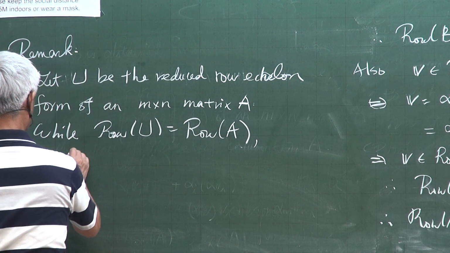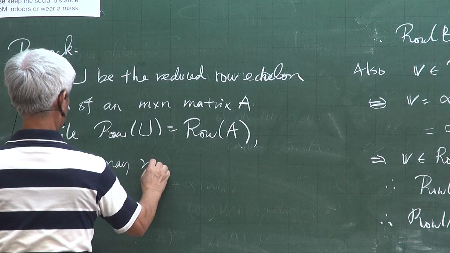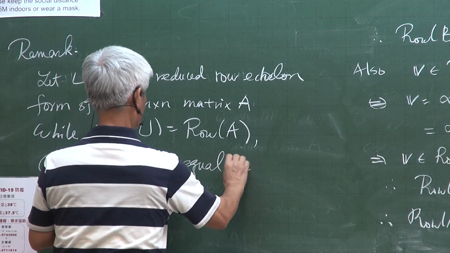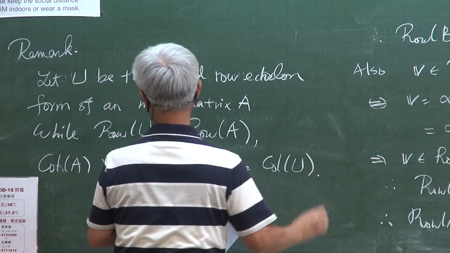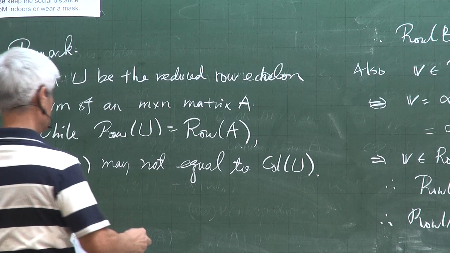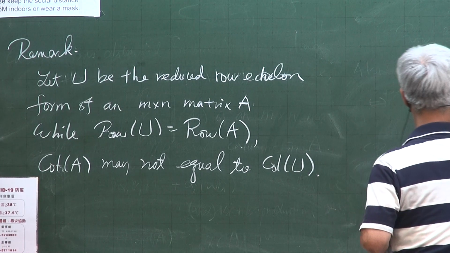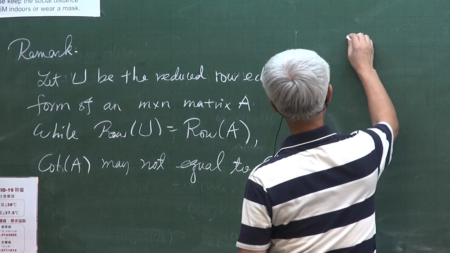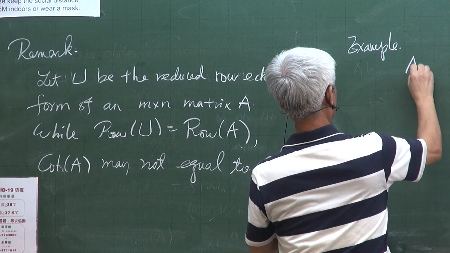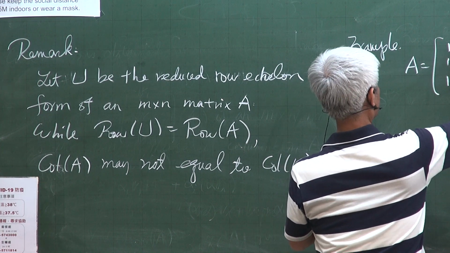But the column space of A may not be equal to the column space of U. So let's take an example. A is 1 1 1 1 1 1.